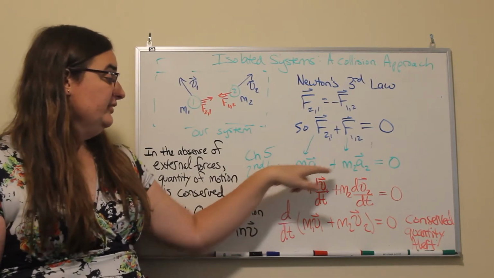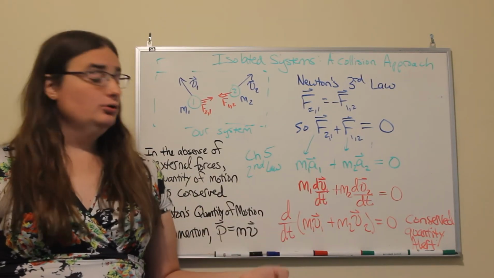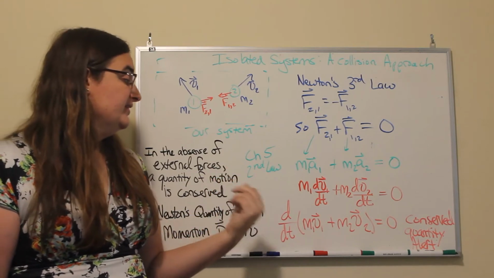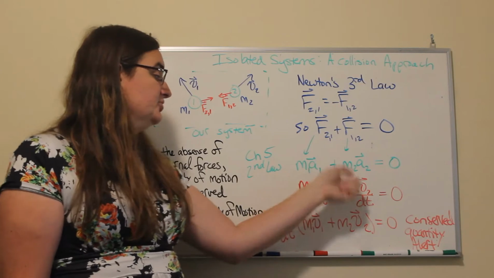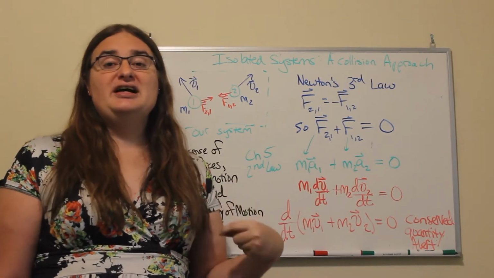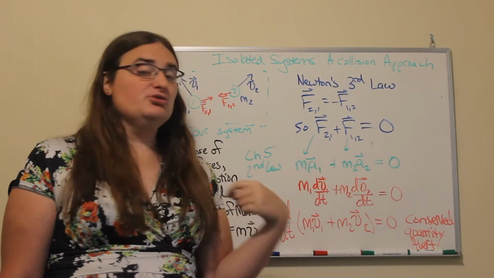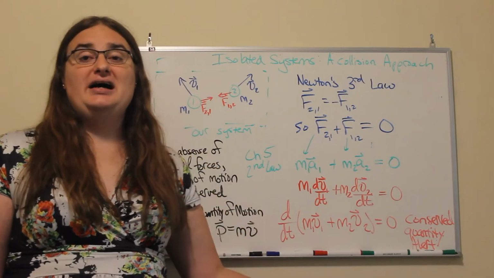So, acceleration is a derivative. So, we could rewrite this as mass 1 times the derivative of velocity 1 plus mass 2 times the derivative of velocity 2, both of those derivatives with respect to time.